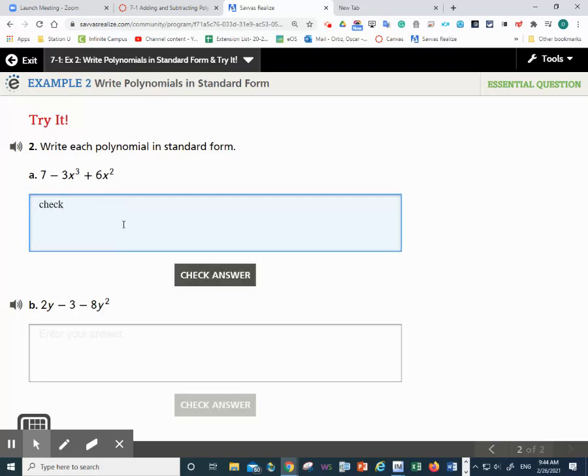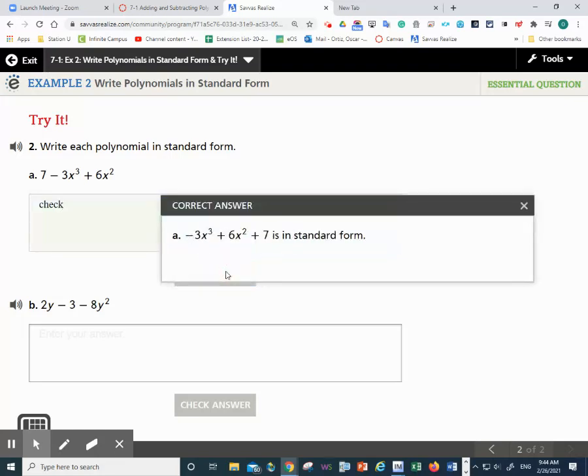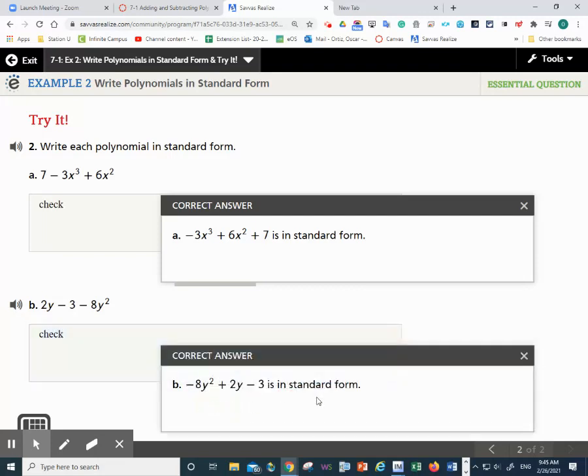I want you guys to do it in your notebooks. So the right answer is negative 3x to the third power plus 6x to the second power plus 7. And if you were to do the same thing with the other one, hopefully you had a chance to pause the video. That will be the correct answer.